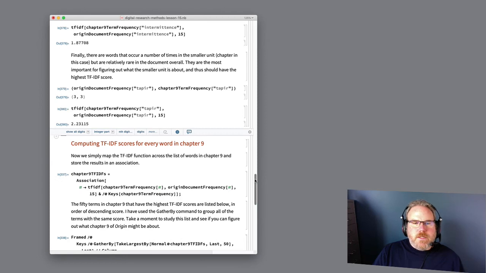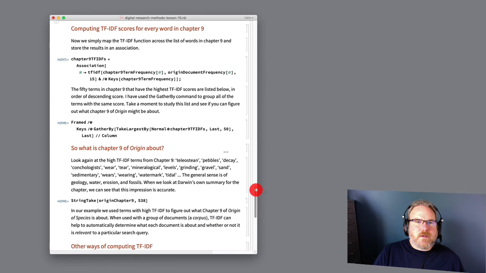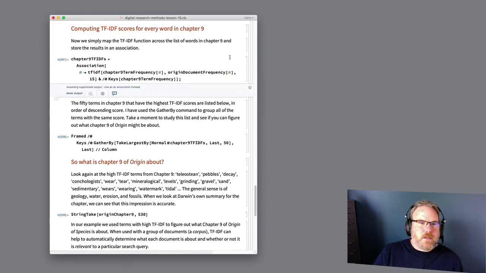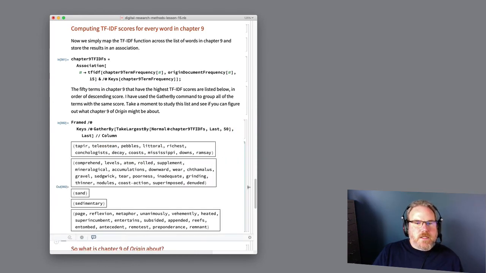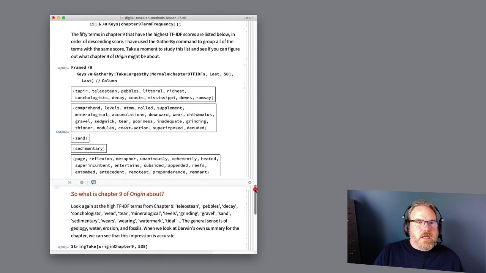So if we map TF-IDF across the list of words in Chapter 9, we can compute the TF-IDFs for every word in the chapter, and then we can make a framed list of these in the order of descending score, and I've used the Frame command to group ones visually that have the same TF-IDF.